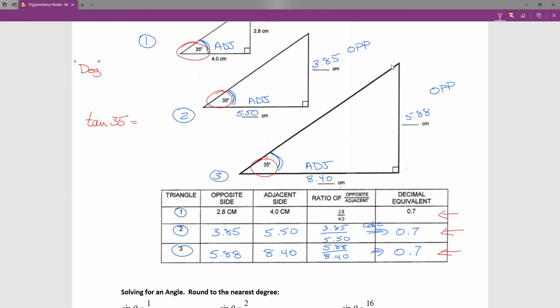So punch in tan 35, and what you should get is 0.7. What this is illustrating is that consistency, right? If we have this fixed angle here, there is a fixed ratio between the sides of the triangle making that triangle, or making that angle.